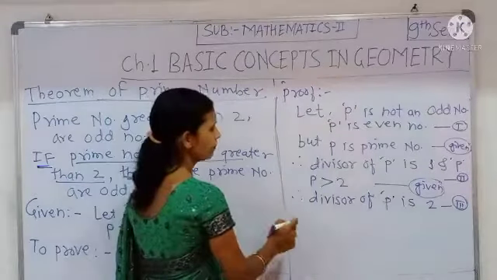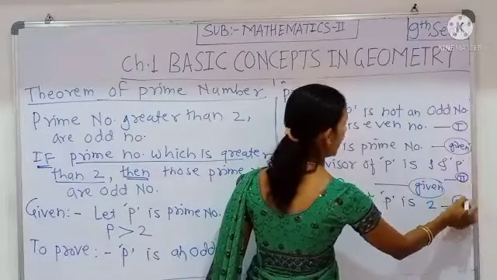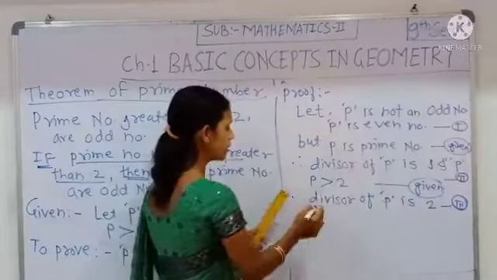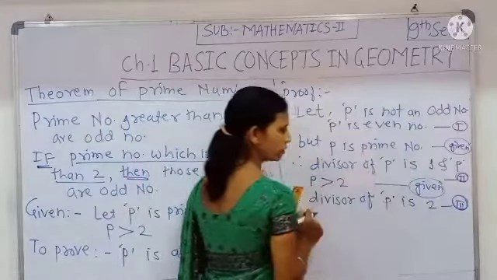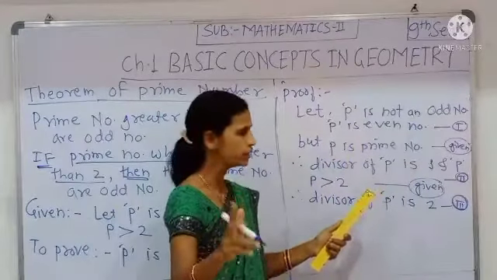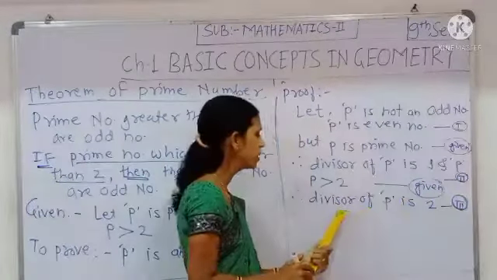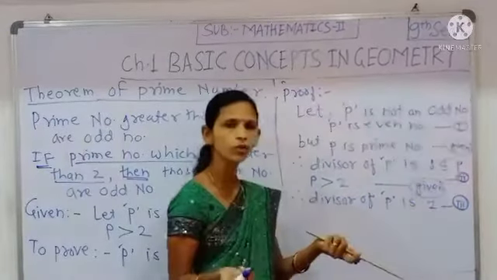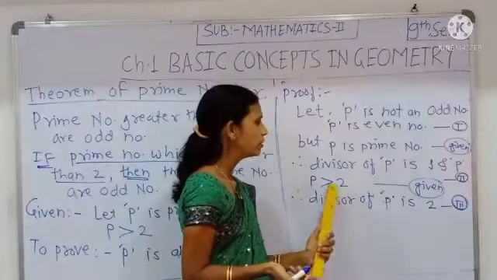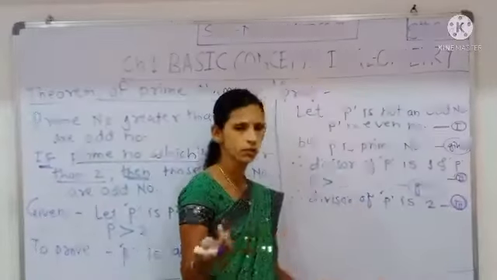Therefore, from statements 2 and 3, P is a prime number, and therefore a prime number has only two divisors, only 1 and P. But from statement 3, a divisor of P is 2 also, because it is an even number, and if it is even and greater than 2, therefore a divisor of P is 2.